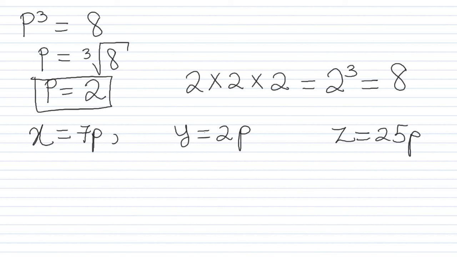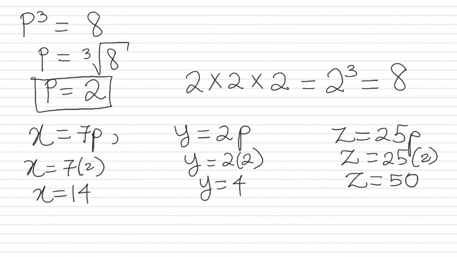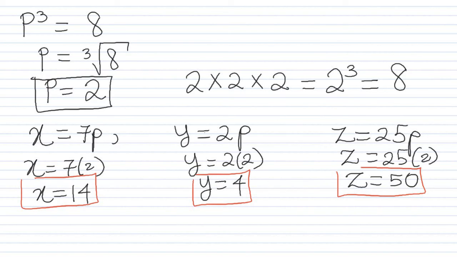Well, we've gotten the value of p to be 2, so x is going to be 7 times 2, which gives you 14. y is equal to 2 times 2, which gives you 4. And z is equal to 25 times 2, which gives you 50. So our answer here for x is 14, y is 4, and z is 50.